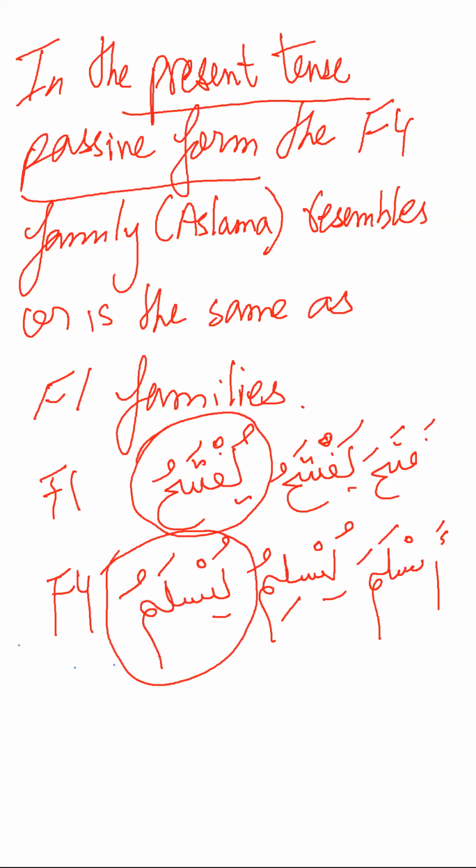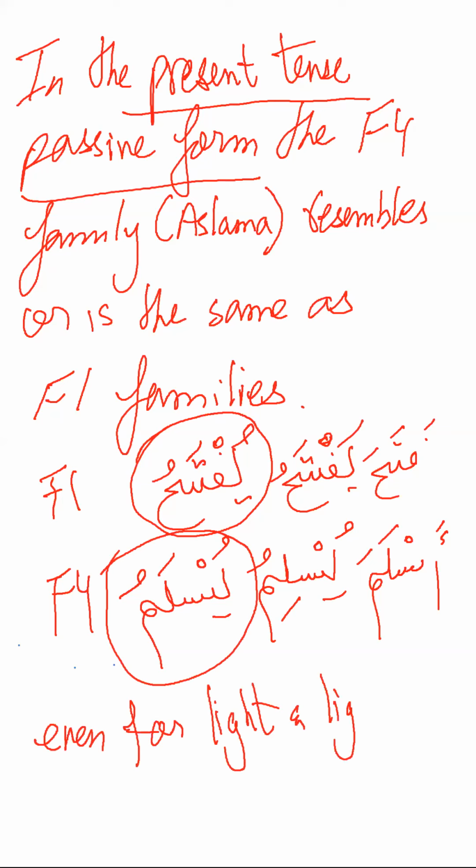Even for light and lightest also? Yes, even for light and lightest, because light and lightest are made from the present tense, right? I shared the key for the fail conjugation practice exercise that I gave.